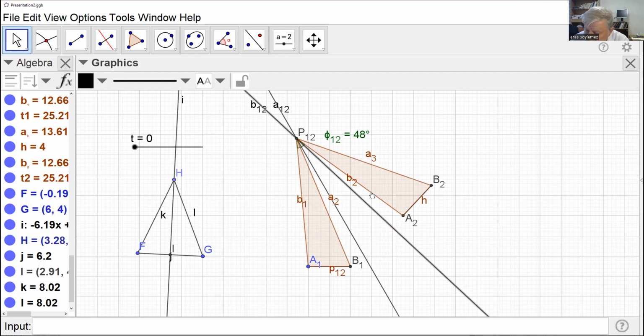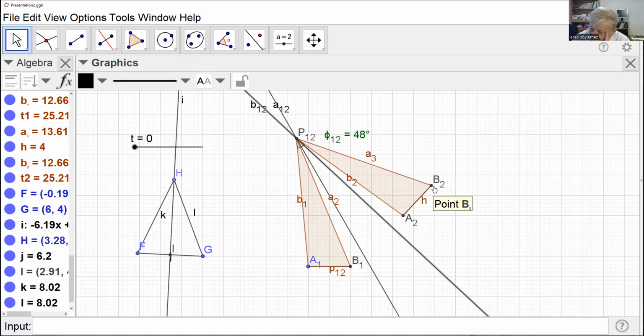This angle is phi12, this angle is alpha. So it is alpha plus phi12. Can everyone see that? Now let me do it another way. A1P12B2 is equal to A1P12B1 plus B1P12B2.